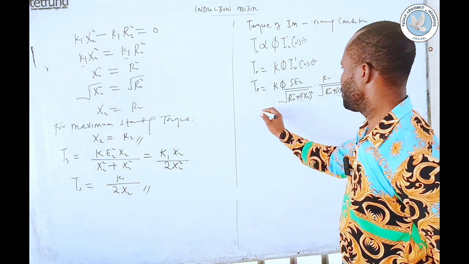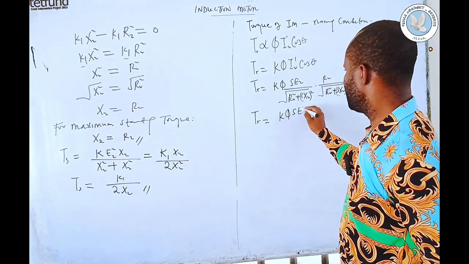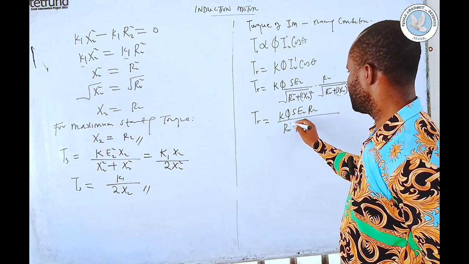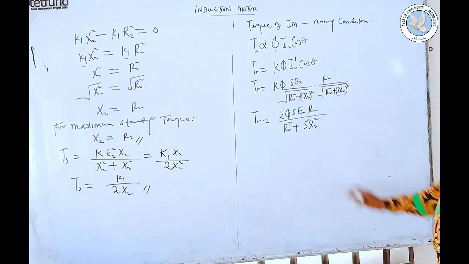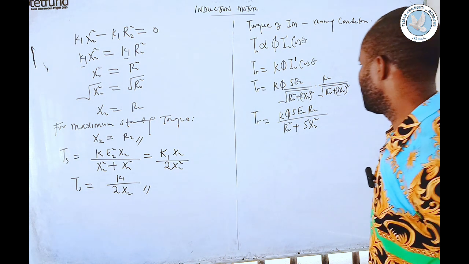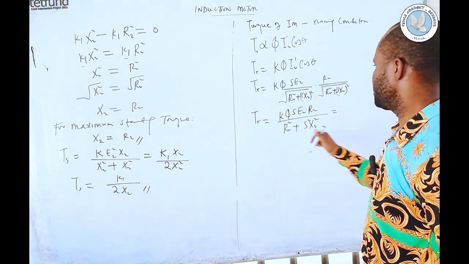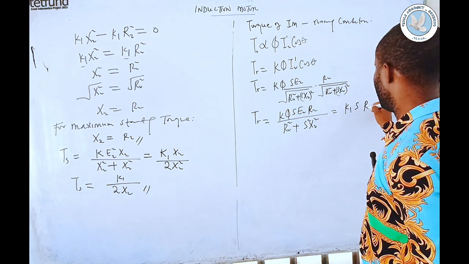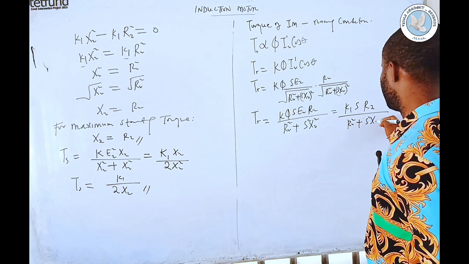So this is giving us this divided by this squared, that represents the running torque, which we can further express as keeping this as constant and put it K1, and this will replace this, and we have this divided by this plus this squared and that.